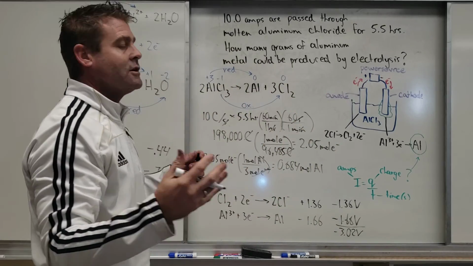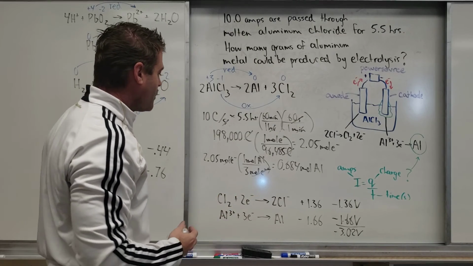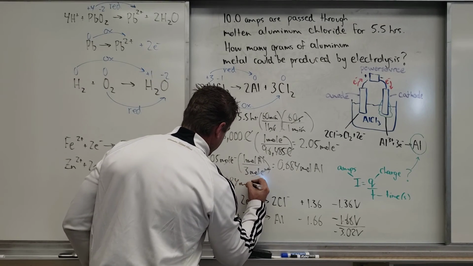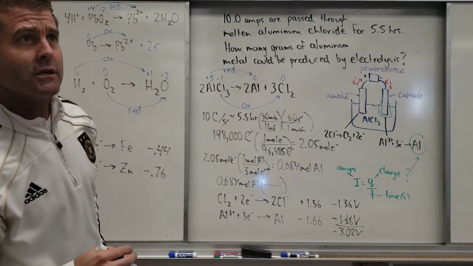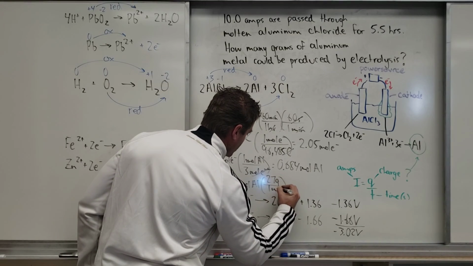But you guys know we usually don't want to talk about moles when we're talking about the amount of aluminum. We probably want grams. So the last thing I would do is take that 0.684 moles of aluminum and see, well, how many grams. I use the molar mass of aluminum. Look on the periodic table, I'm looking now. It's 27 grams per mole. So 27 grams for every 1 mole.